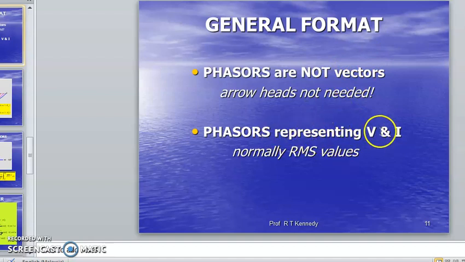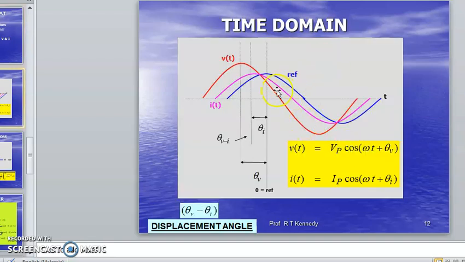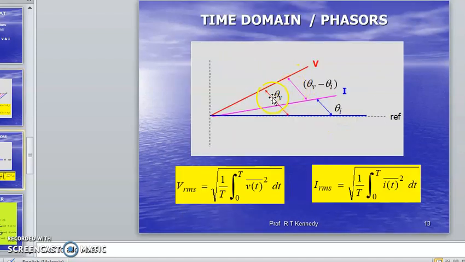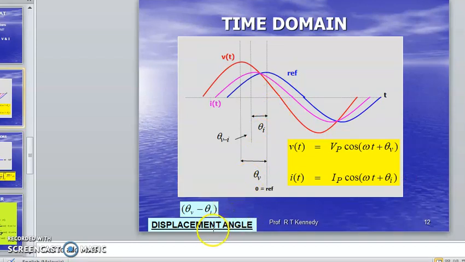Phasor represents V and I, normally in RMS value. If you have V and I here, we refer to the peak point of V and I from this blue curve as the reference angle. So the displacement angle is equal to the angle of V minus the angle of I.